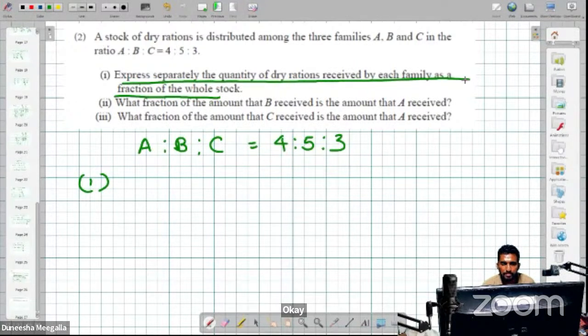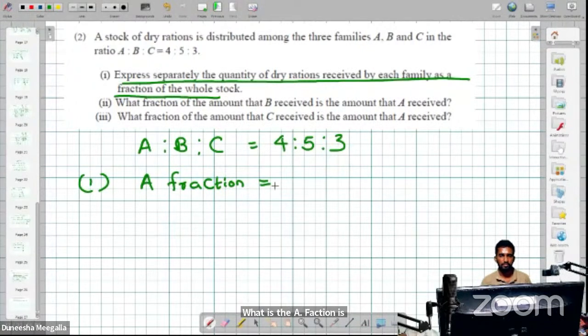Did you see? Can you find the A fraction? What is the A fraction? What is the total factor? 12.